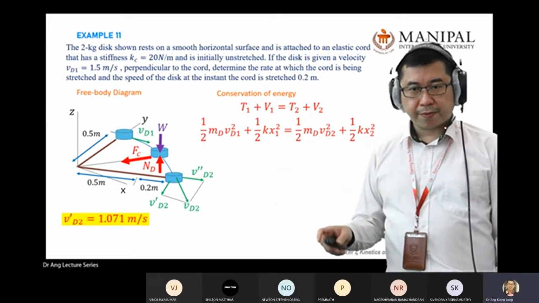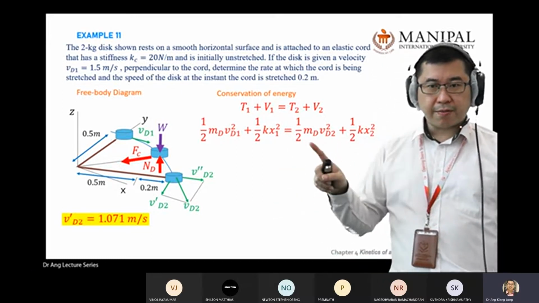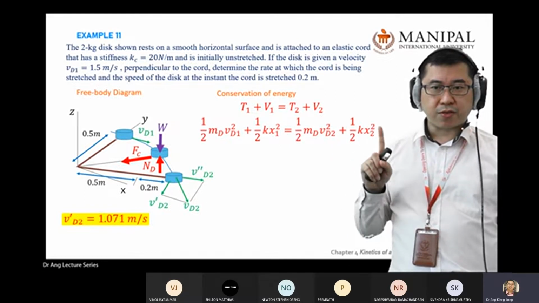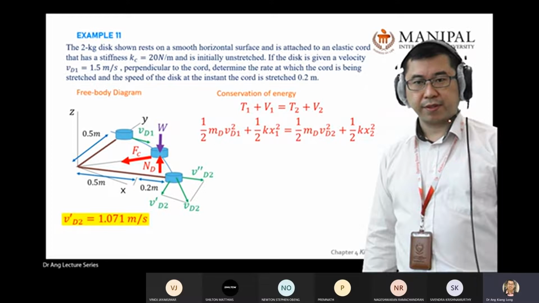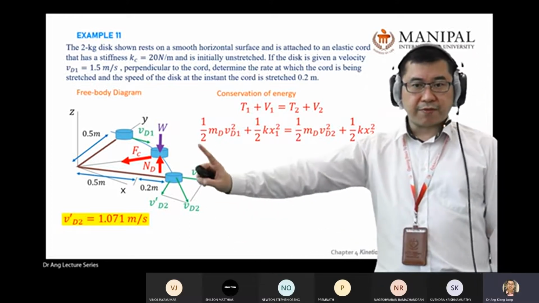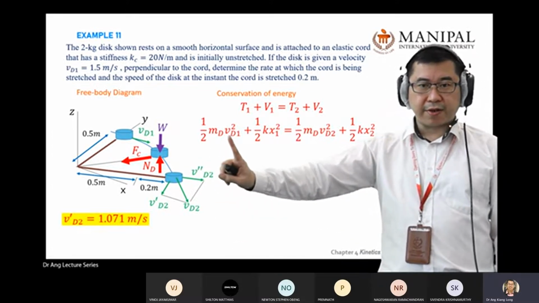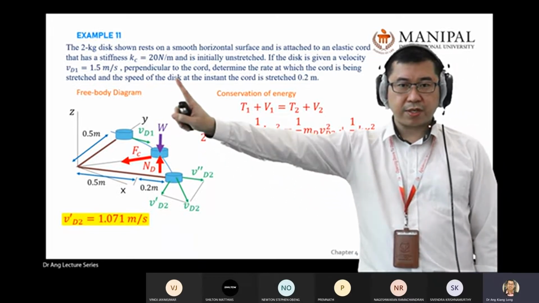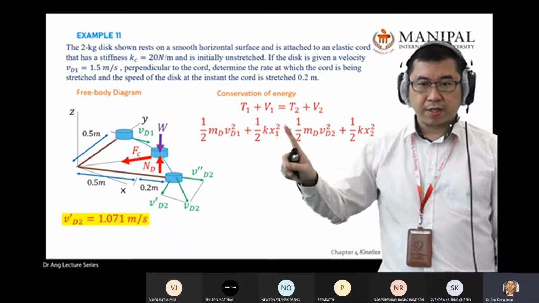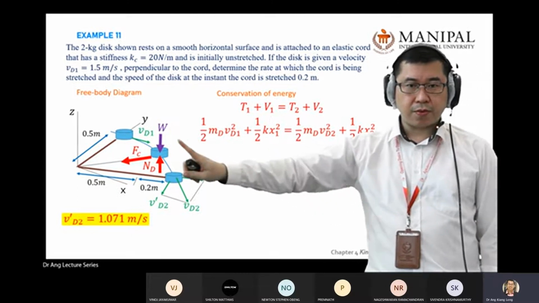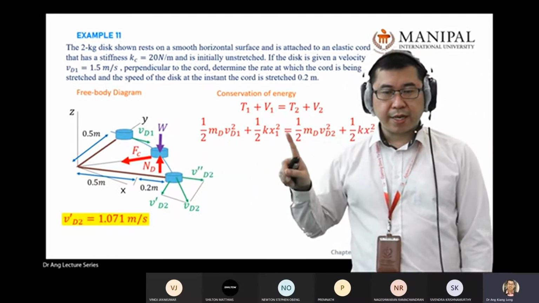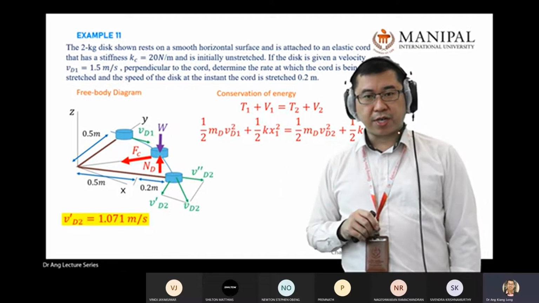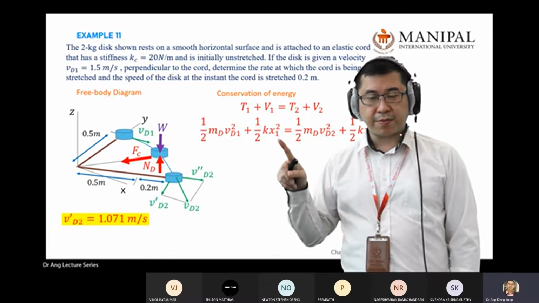Then this side is the same, half m v squared plus half k x squared. You have the k given in the question. And x is the stretching, the displacement.